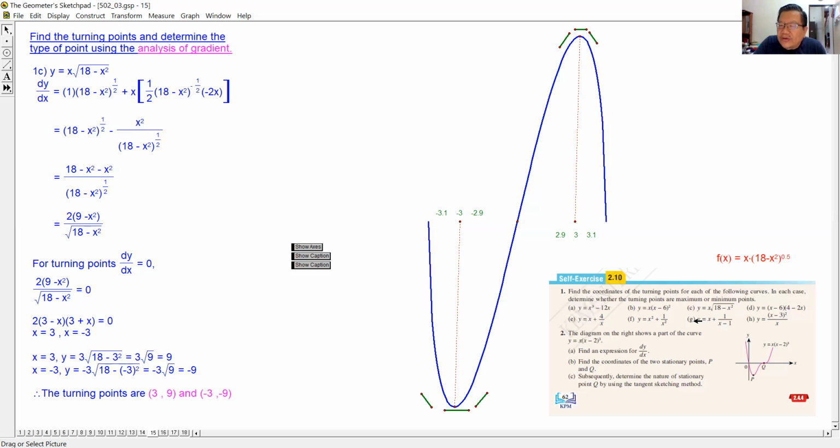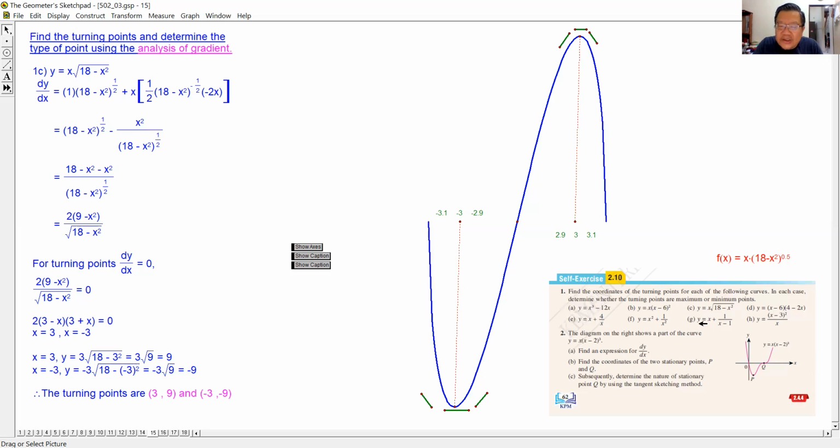But if you look at question G, y equals x plus 1 over x minus 1. Although it has a negative index here, there is no fraction. To find the first derivative and the second derivative, they are easier.